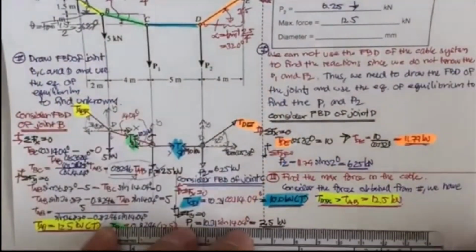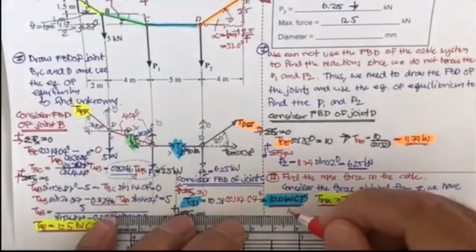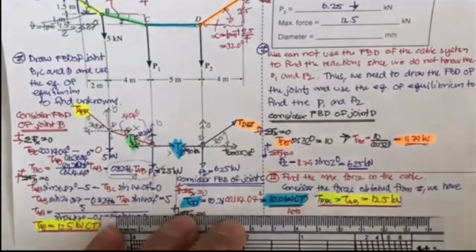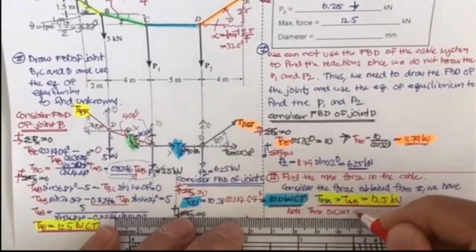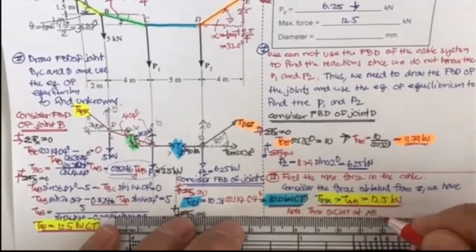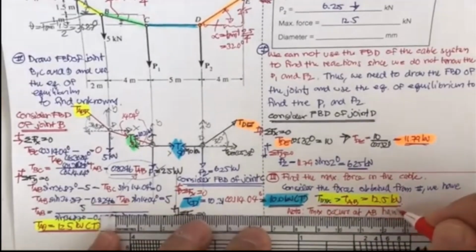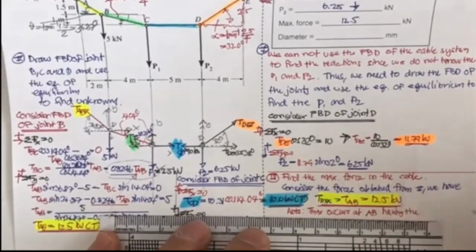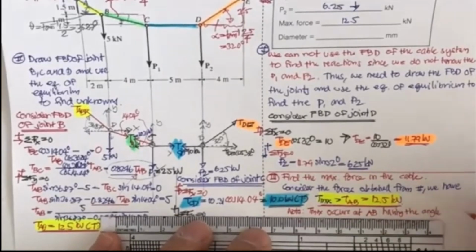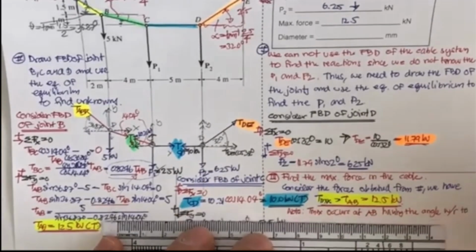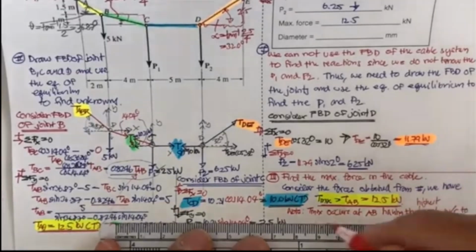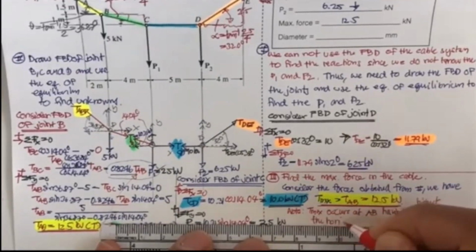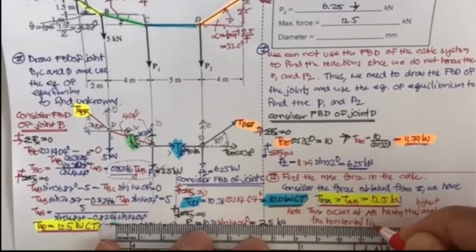Okay, and you should note that T max occurs at AB, having the highest angle with respect to the horizontal line.